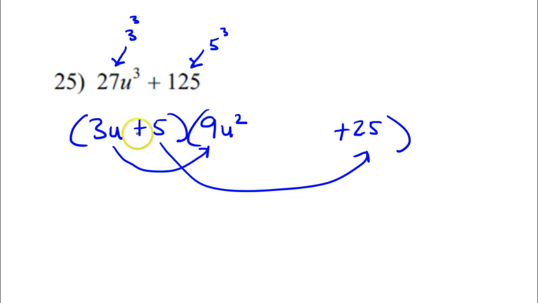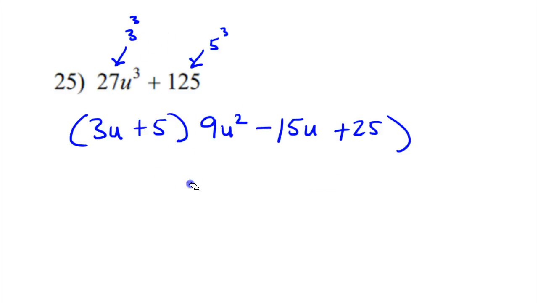The middle term comes from multiplying these together. 3 times 5 is 15, so I'm talking about 15u. But it's going to be the opposite sign, so it'll be minus 15u. Whoops, lost my parentheses. So remember, compared with the original problem, the signs are same, opposite, always positive. So this looks pretty good to me.